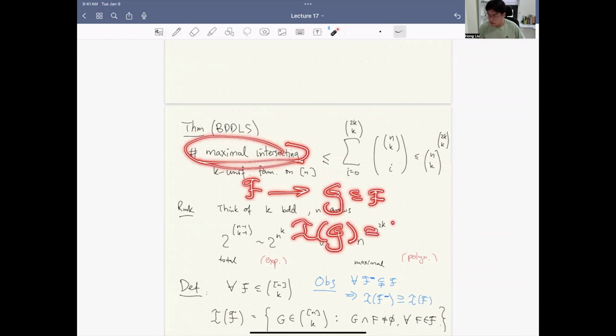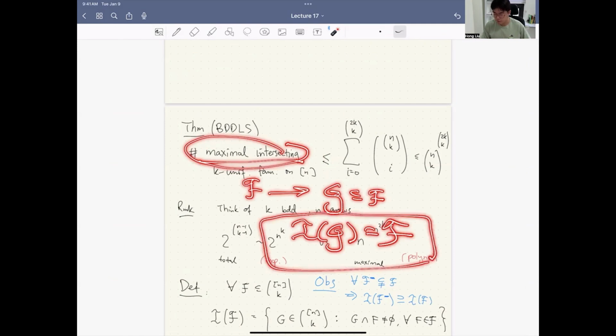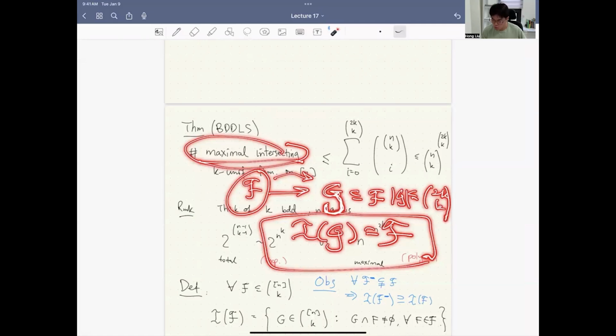So if you use G, you can generate F. We have this injective map. So every intersecting family can map to a distinct generating family of size at most 2k choose k. That means the number of maximal intersecting families is at most the number of generating sets.